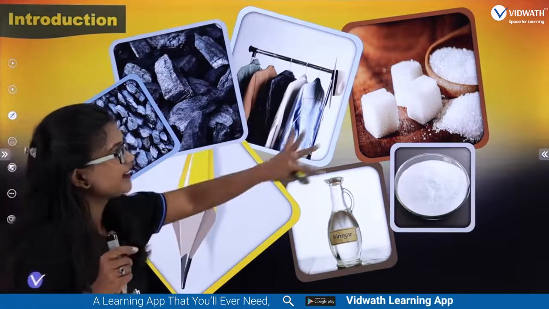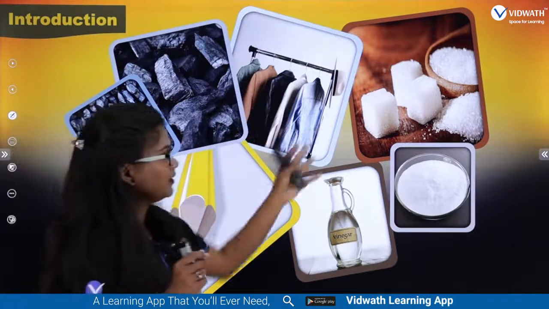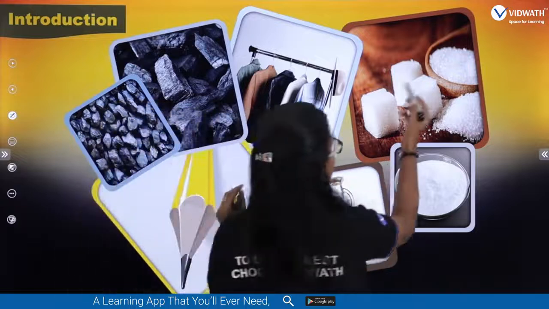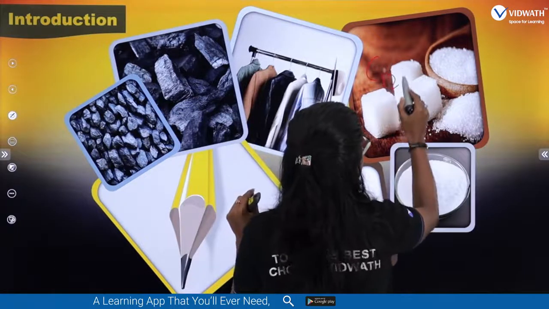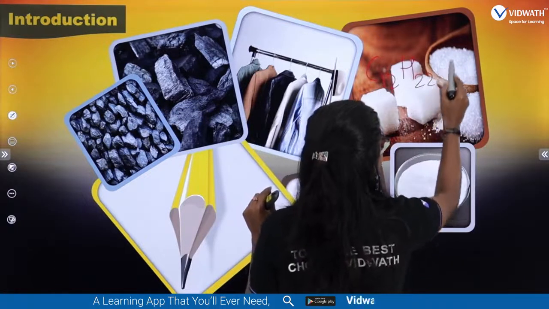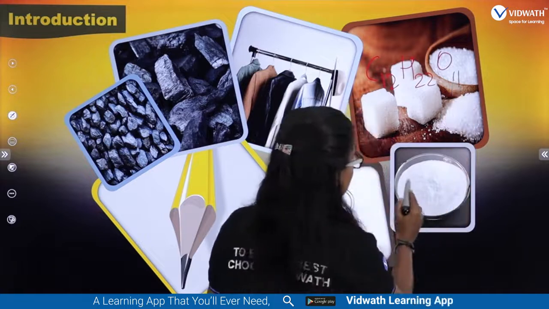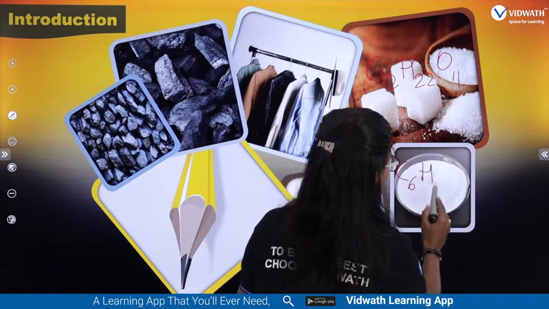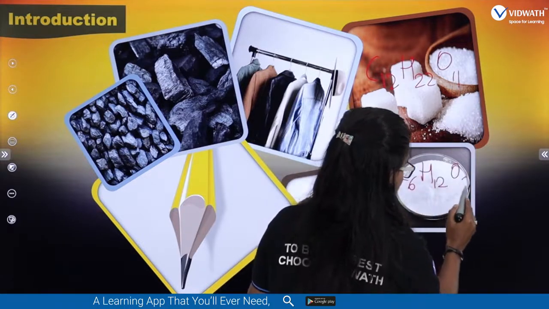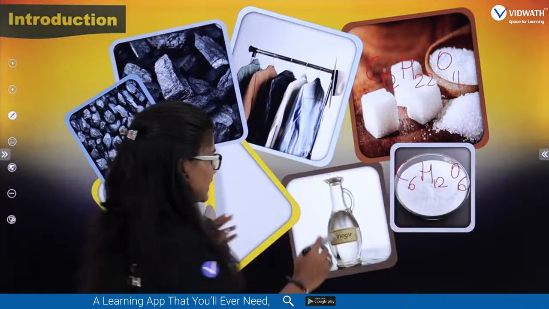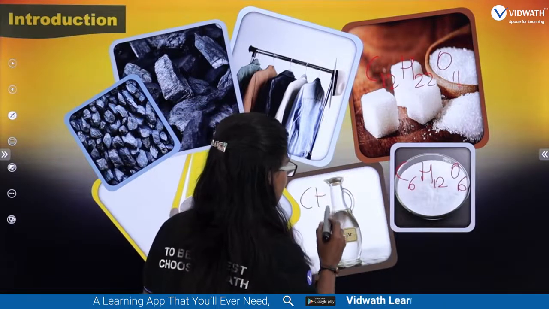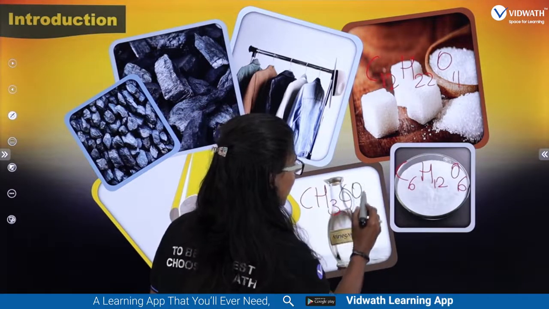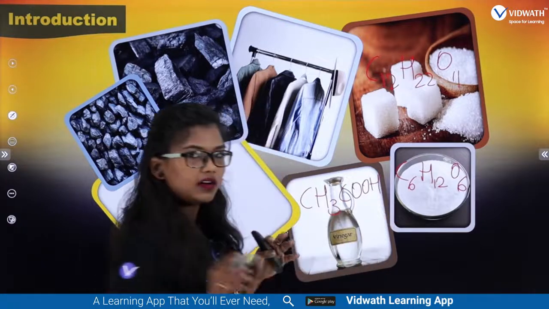If you concentrate on the composition of all these objects, sugar is nothing but C12H22O11. Glucose is made up of C6H12O6. Whereas vinegar is nothing but ethanoic acid, that is CH3COOH.